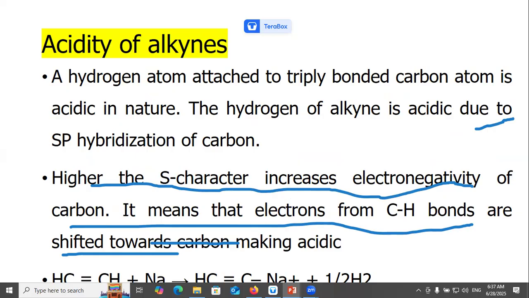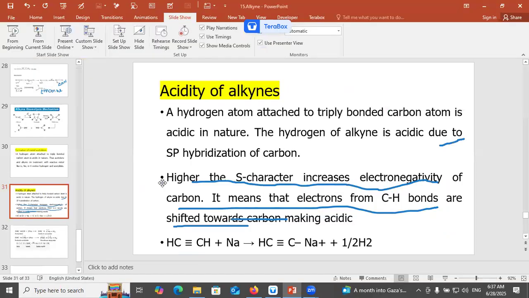The hydrogen of alkyne is acidic due to sp hybridization of carbon. Higher the s character increases the electronegativity of carbon. It means that electrons from C-H bonds are shifted towards carbon, making it acidic. Ethyne reacts with sodium, sodium halide, sodium acetylide.